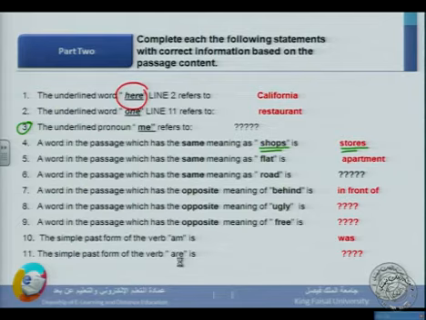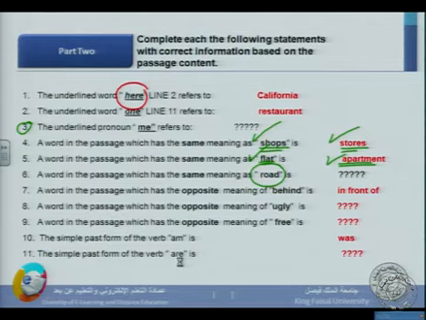A word in the passage which has the same meaning as a flat, it was apartment. These are meanings of words found in the passage. They were stores and apartment. Their meanings are shops and flat. Also we had road. What is the meaning of road? You should go back to the passage and find a word just like the meaning of this word. Okay, I will leave all of these to you now.